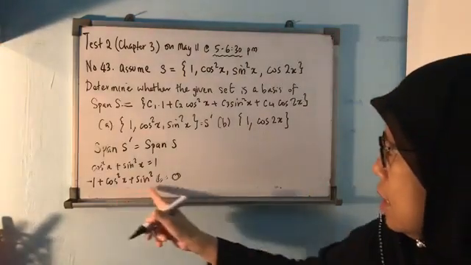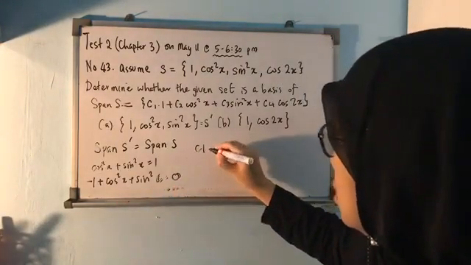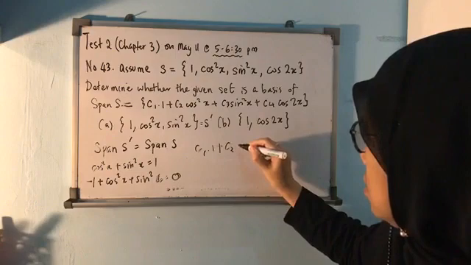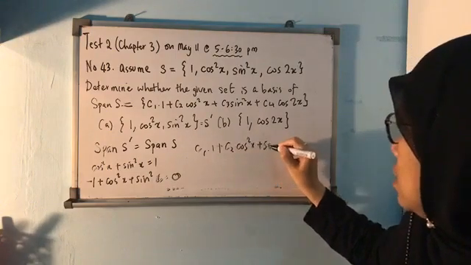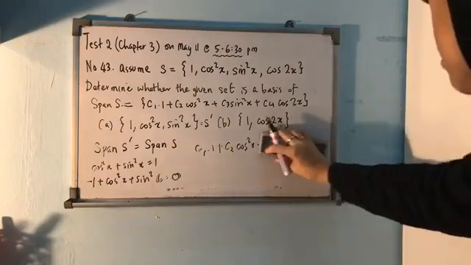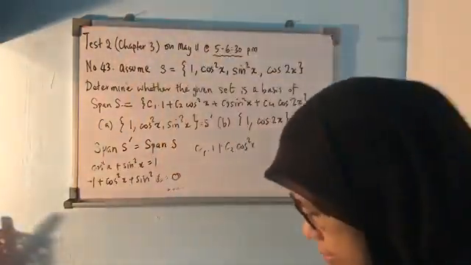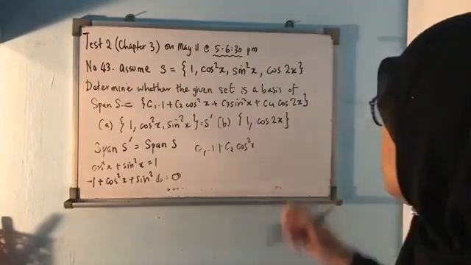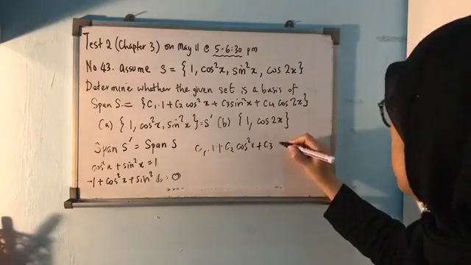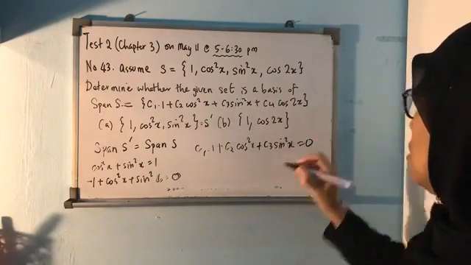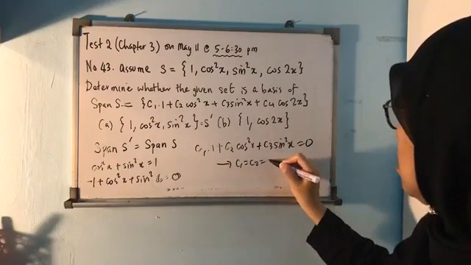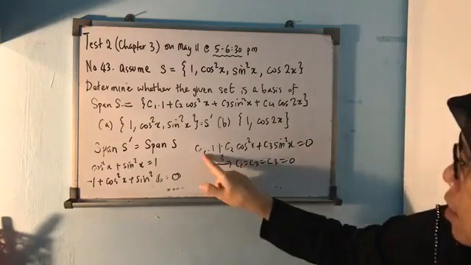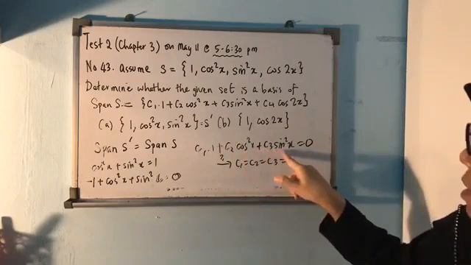So this is a linear combination with C1, C2, C3. Is this independent or not? C1 times 1 plus C2 cosine squared plus C3 sine squared equals 0.